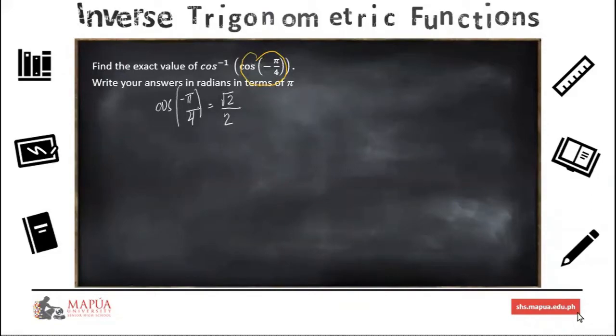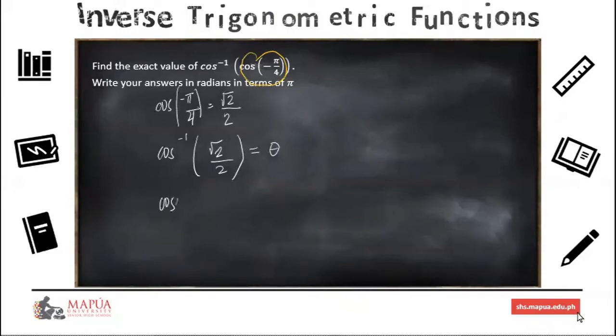Substitute the value of square root of 2 over 2 instead of cosine negative pi over 4. Then we have arccosine of square root of 2 over 2. Then using the definition of inverse function, we can represent this as theta.